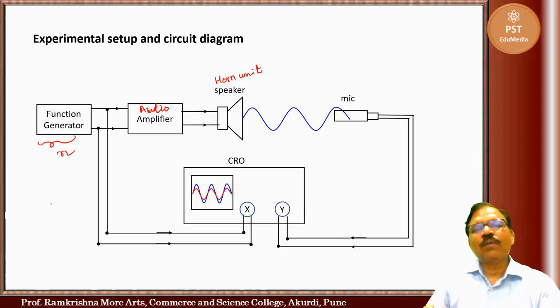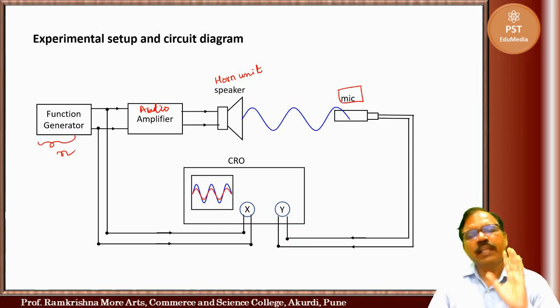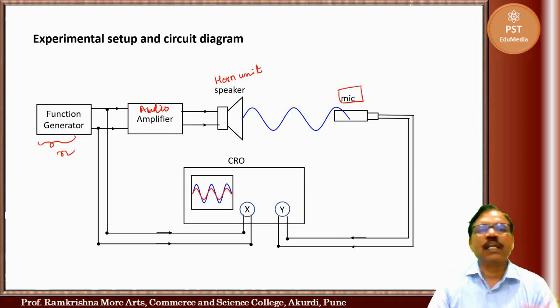And we know sound propagates in the form of waves in the air medium. So this is the microphone, it is placed in front of the speaker, and the output of this microphone is given to the Y channel. So here on the CRO you will get two waveforms. One is for the input signal, another is for the signal from the microphone.